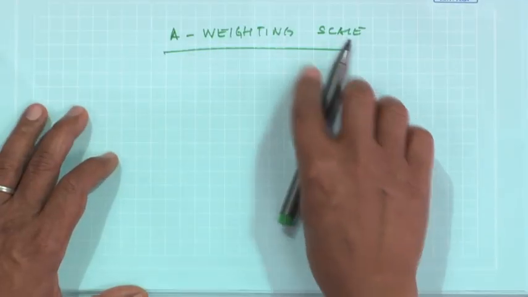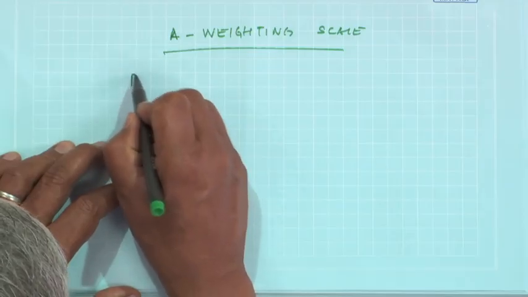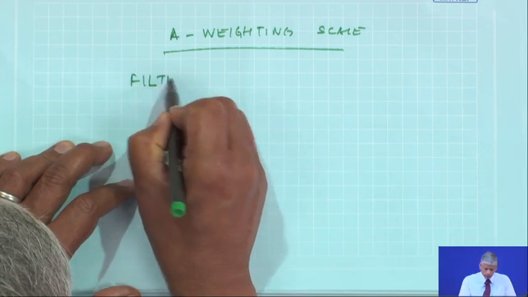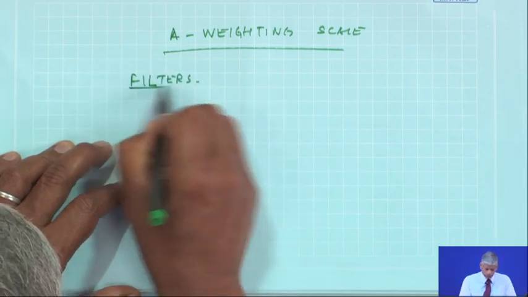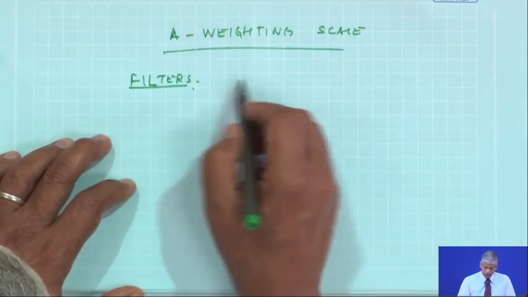People use the A weighting scale, wherein to any measurement, suppose I had a microphone measuring straight levels, I will subtract certain values from these measured values at corresponding frequencies. When I come to frequencies, I will talk about certain filters. So this is what is known as an A weighting curve.